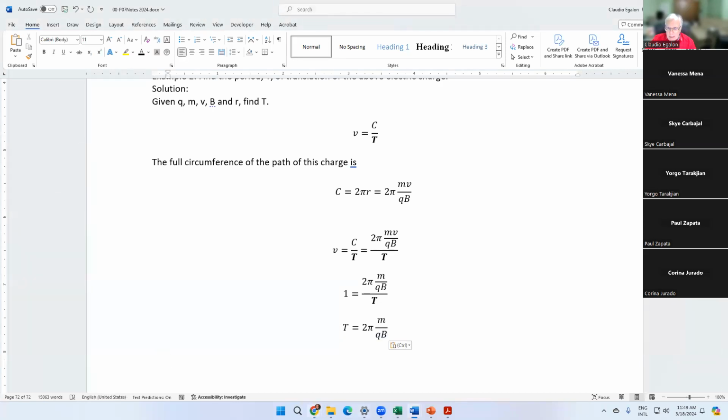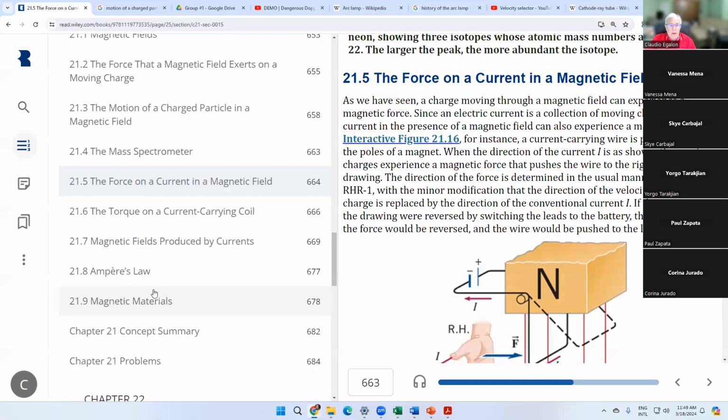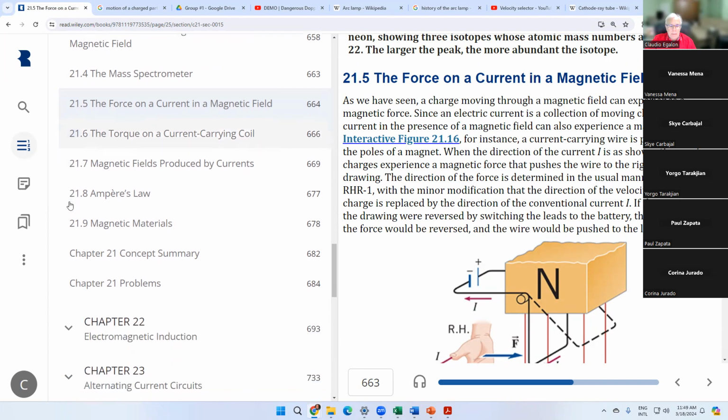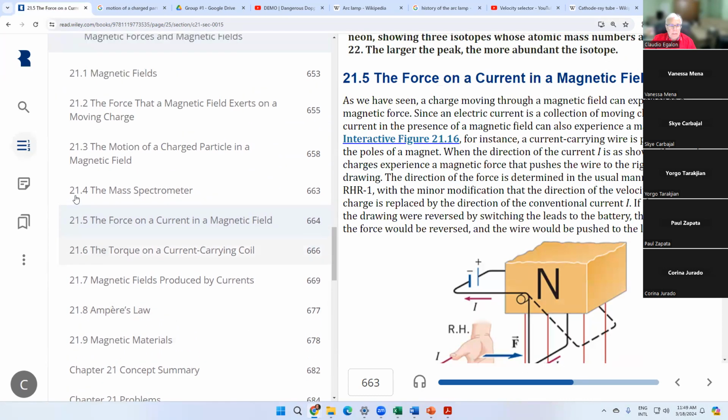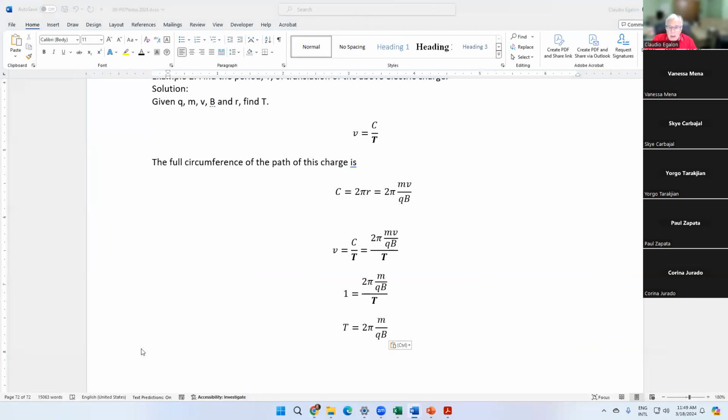And now going back to the book. Here you go. Force on a current in a magnetic field. And that's what I'm going to cover now.